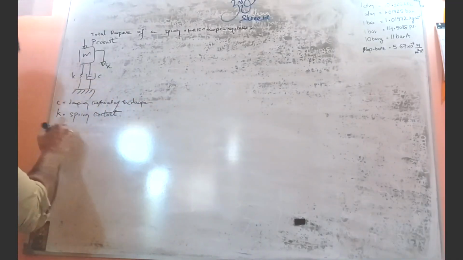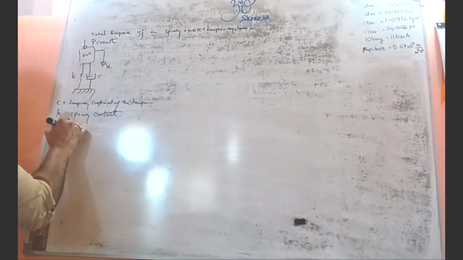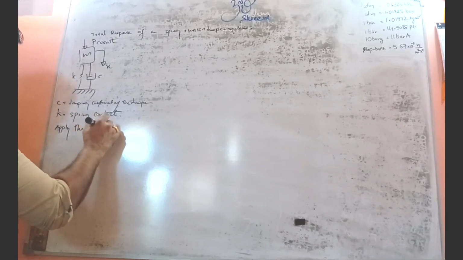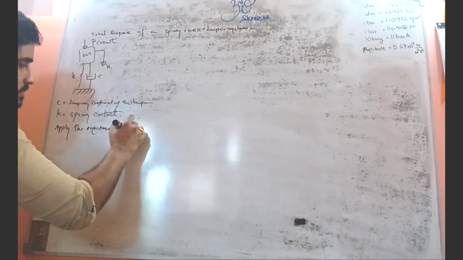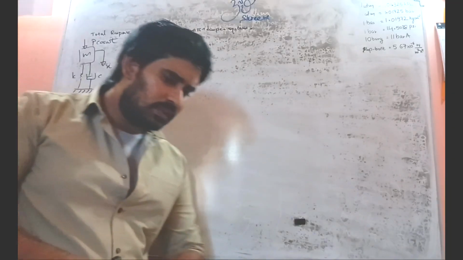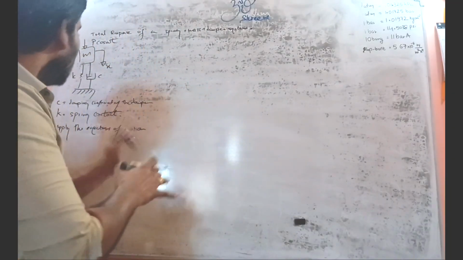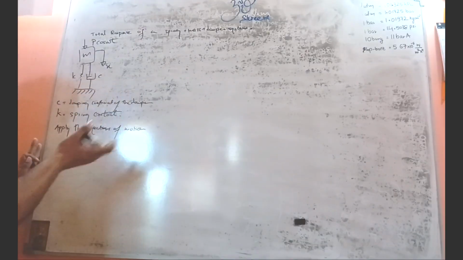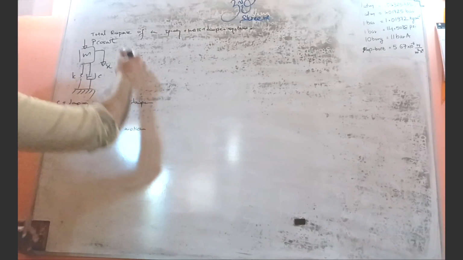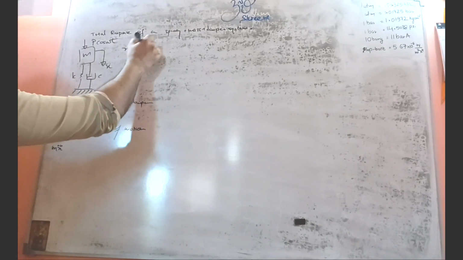Now I'm going to apply the equations of motion. The motion equation. So now carefully listen to how this comes. I'm going to say m x double dot, where x double dot is the acceleration, because we know that x is a function of time.